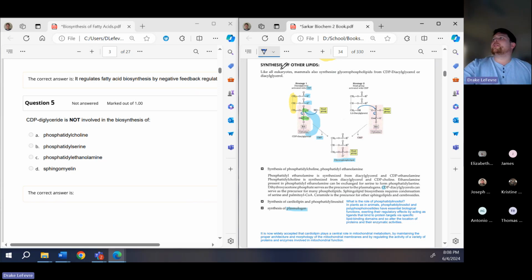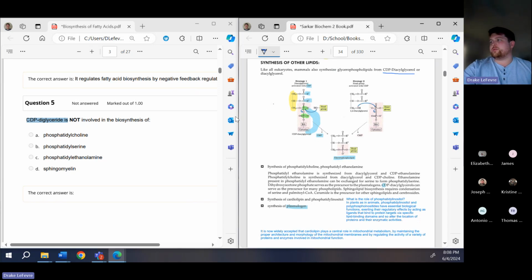Okay. Like all eukaryotes, mammals also synthesize glycerophospholipids from CDP diacylglycerol or diacylglycerol. The diacylglycerol is going to be broken down a little bit into the diacylglyceride as well. Those two are going to be connected.